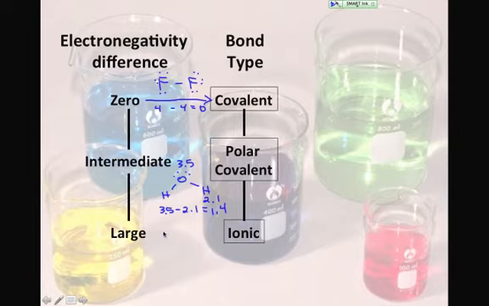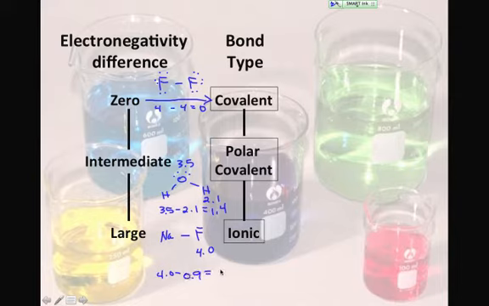But if you had a larger value, we would see an ionic bond. For example, if we have sodium with fluoride, we would expect a metal and a nonmetal to make an ionic compound. We take the electronegativity of fluorine, which is 4, and subtract from that the electronegativity of sodium.